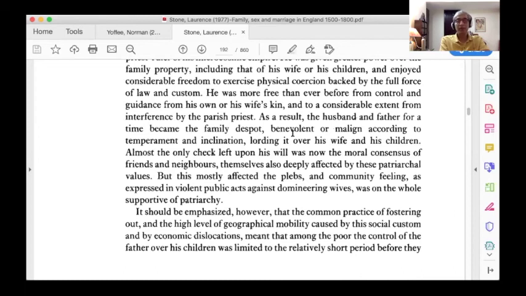Almost the only check left upon his will was now the moral consensus of friends and neighbors, themselves also deeply affected by these patriarchal values. But this mostly affected the plebs, and community feeling, as expressed in violent public acts against domineering wives, was on the whole supportive of patriarchy.